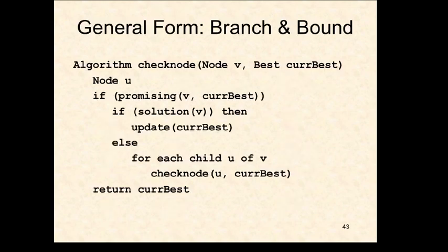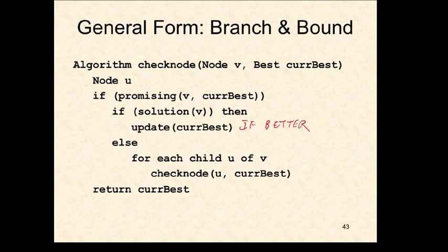Okay, so here's our general form. We're going to check, is it promising? Is it a solution? If it's a solution, we'll update our best if this new solution is better than the best so far.